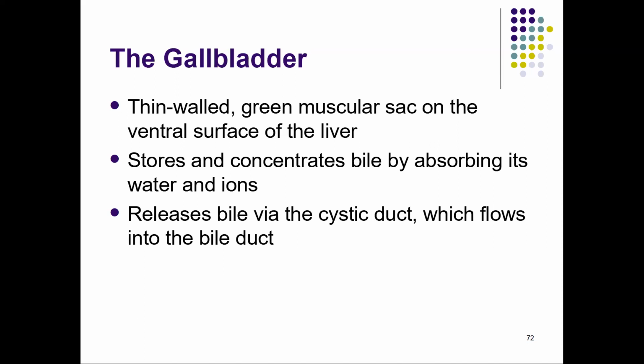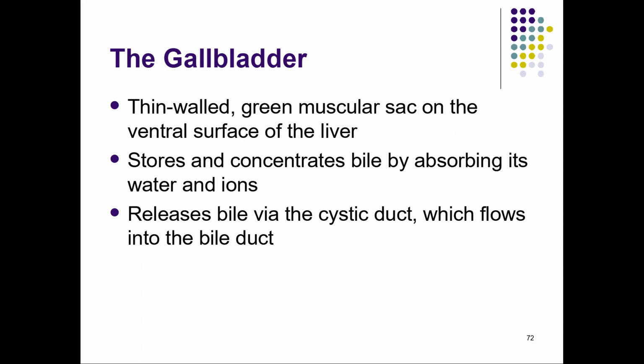So it's moving the solution that is produced by the liver into the gallbladder. And once that more watery solution goes in from the liver, the gallbladder removes water from it. So that concentrates the bile, right?